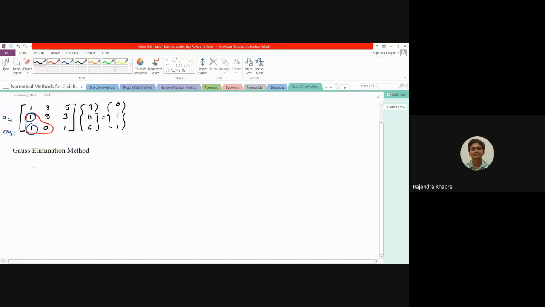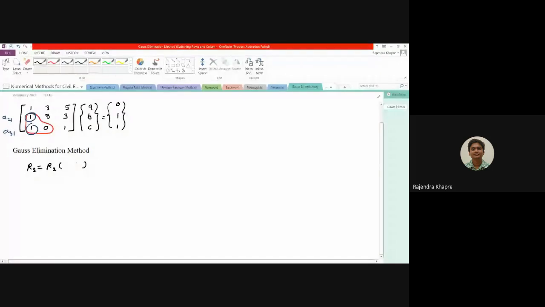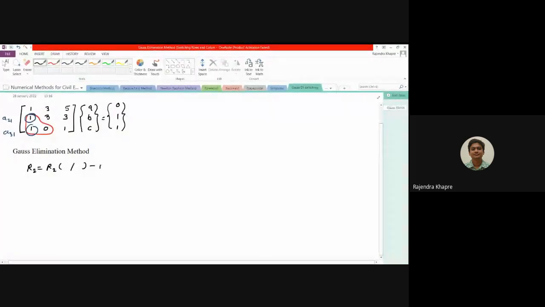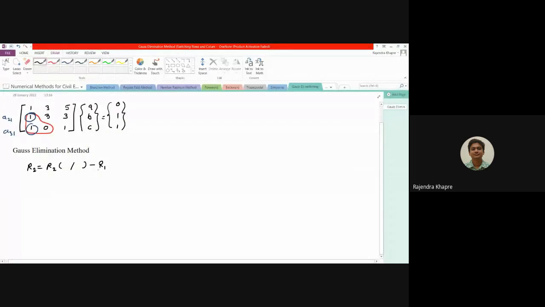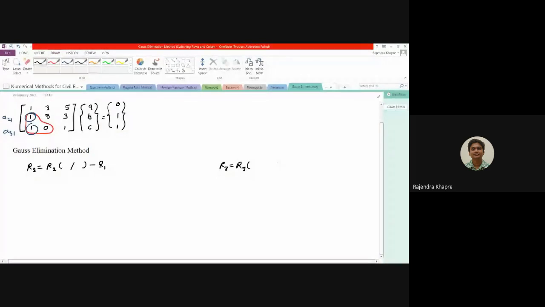I should go with some expression, that is, r2 equals r2 into some factor minus, say, r1. This is what we have been doing till now. Similarly, r3 can be replaced as r3 into some factor minus, say, r1.